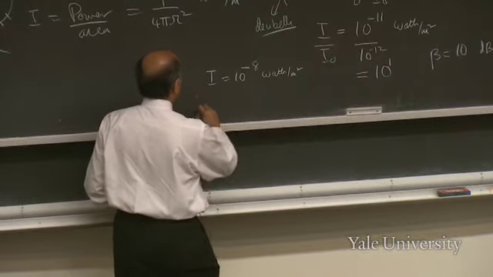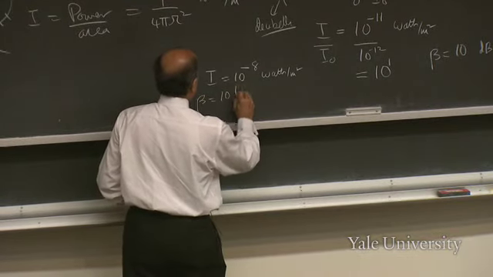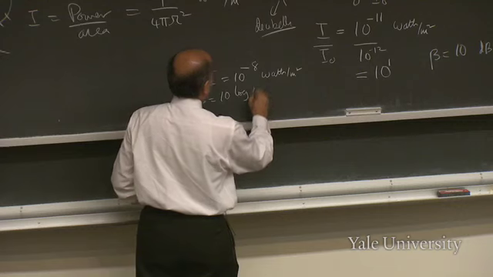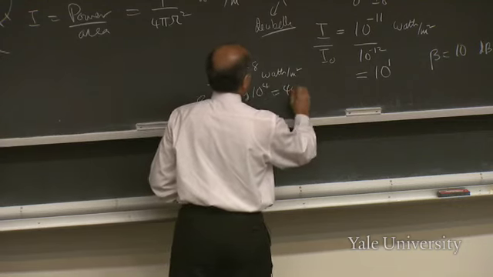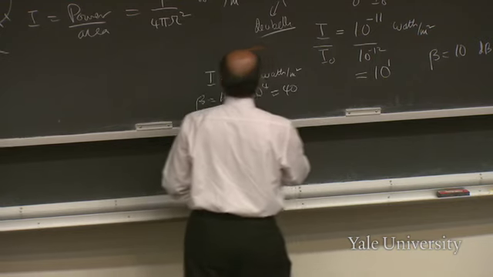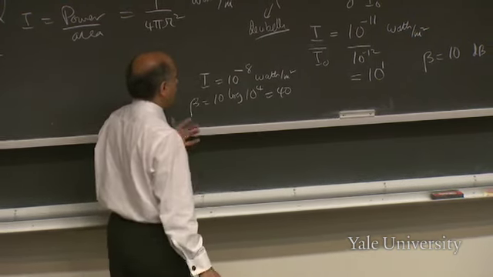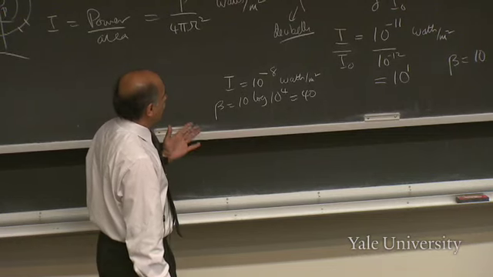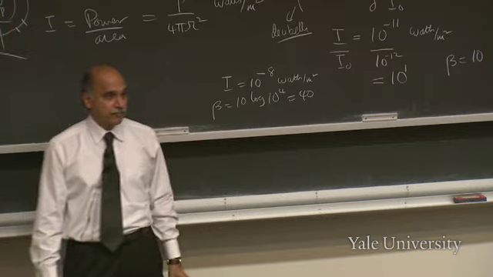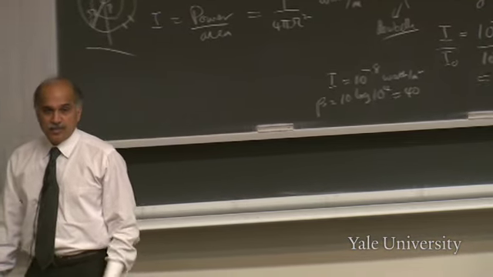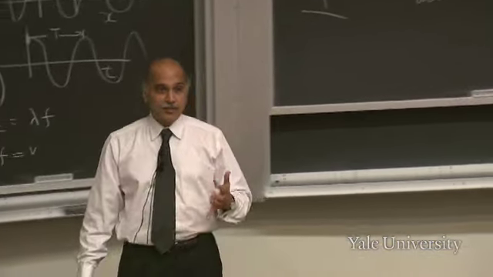But let's look at beta. Beta becomes 10 log of 10 to the 4 now, because 10 to the minus 8 divided by 10 to the minus 12 is 10 to the 4, so beta is 40. So when the intensity goes from some number to something 1,000 times bigger, the decibel goes from 10 to 40. The decibel grows much more slowly than the actual intensity.